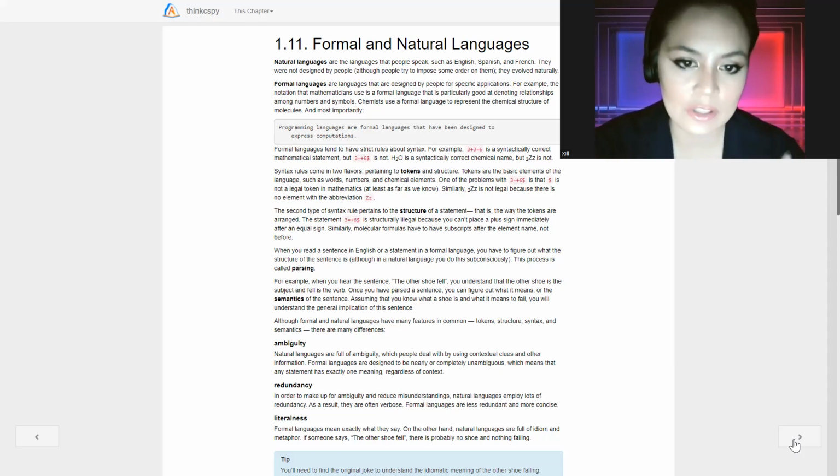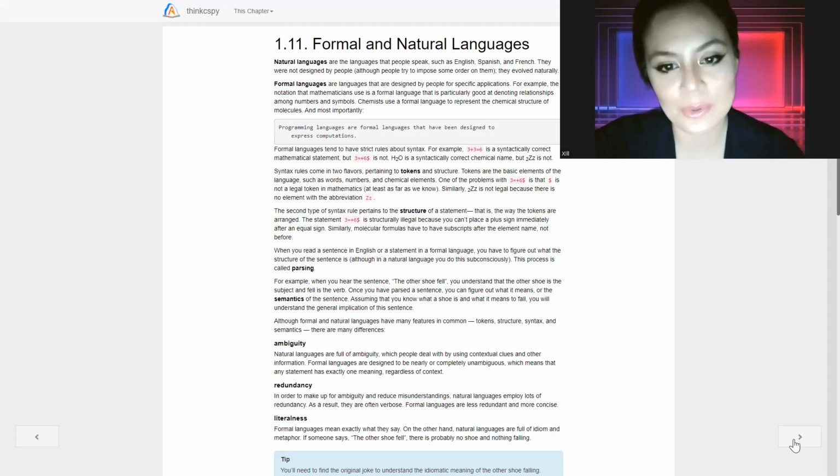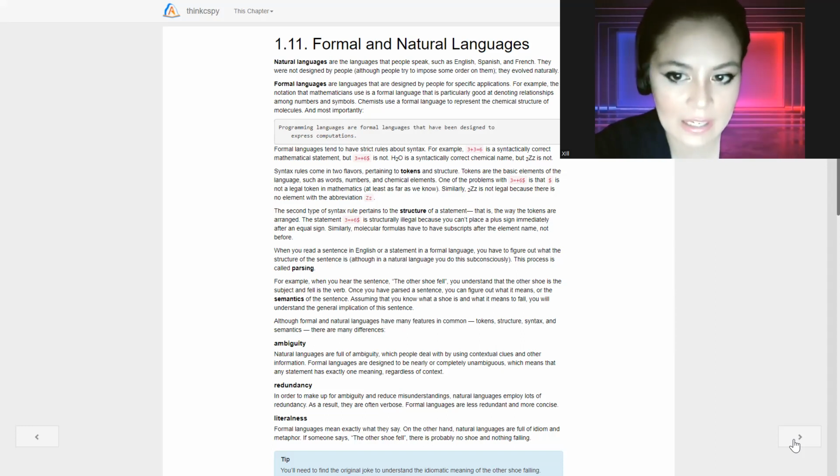Syntax rules come in two flavors, pertaining to tokens and structure. Tokens are the basic elements of the language, such as words, numbers, and chemical elements. One of the problems with 3=+6$ is that $ is not a legal token in mathematics, at least as far as we know.